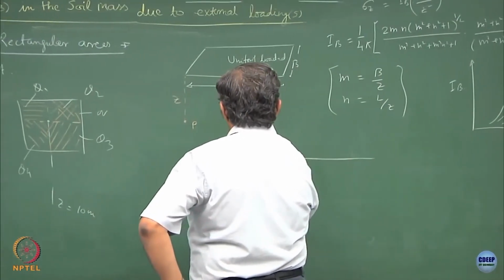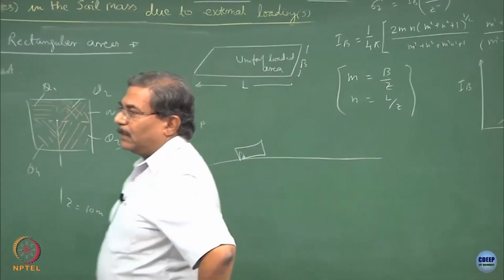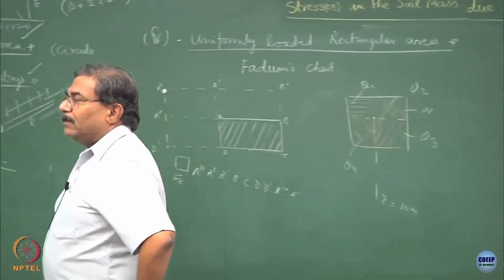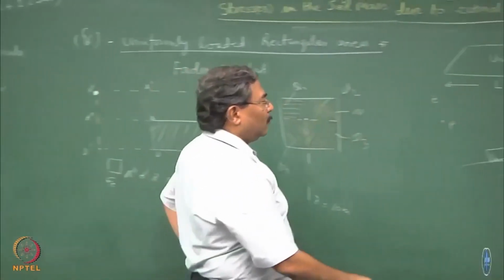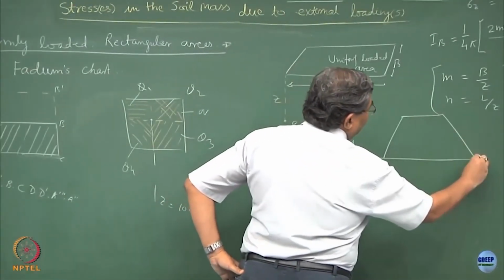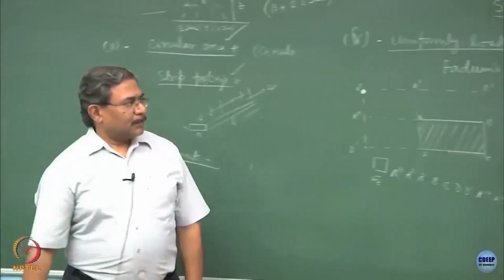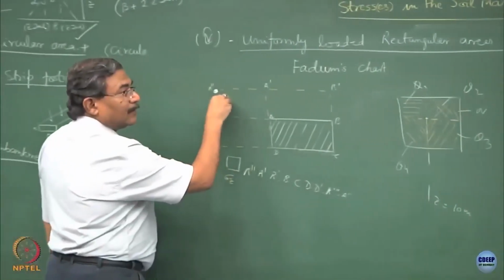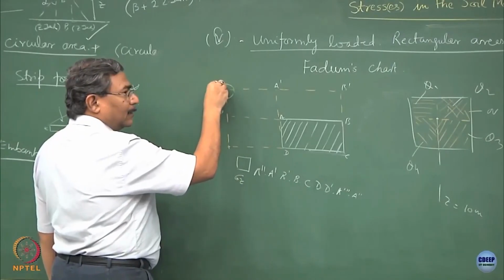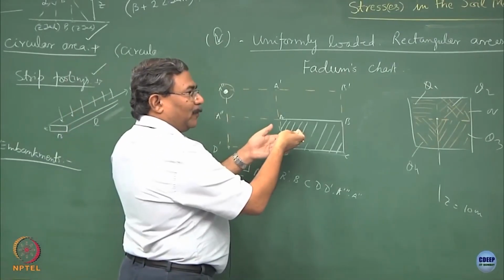This is your house, you are living comfortably over here, and then one day a builder comes and starts constructing something over here. Now, what is going to happen? Is this situation not similar to the one we have just analyzed? You are living over here and then some activity happens over here.